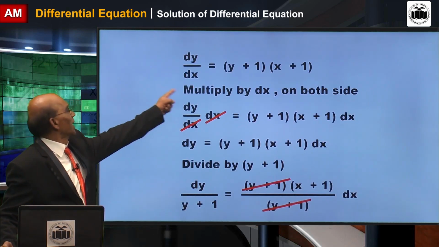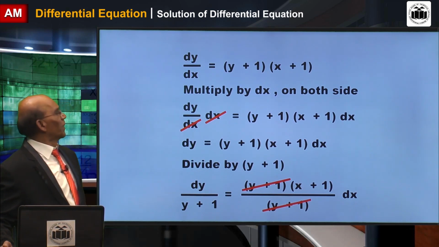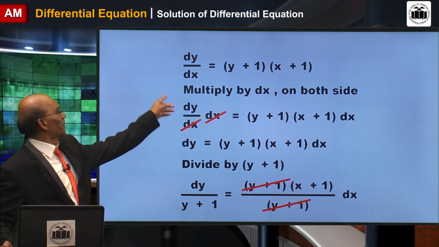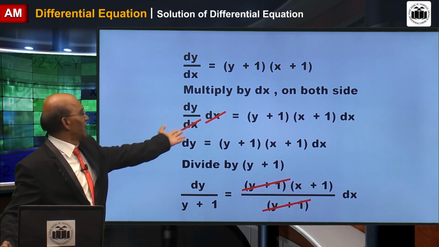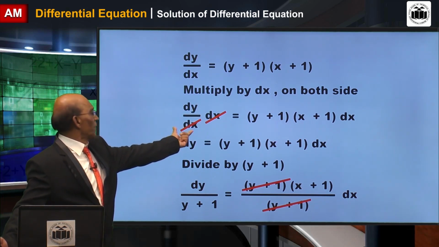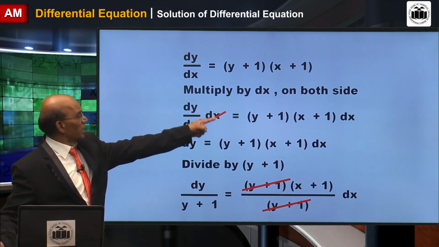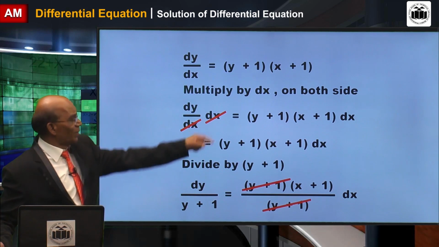So next step we get dy by dx equals to y plus 1 into x plus 1. Now our aim is variable separable, so we multiply by dx, so that from the left dx gets cancelled.